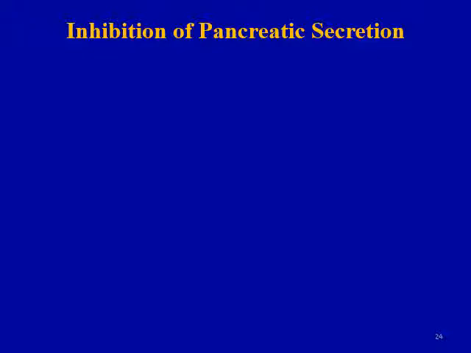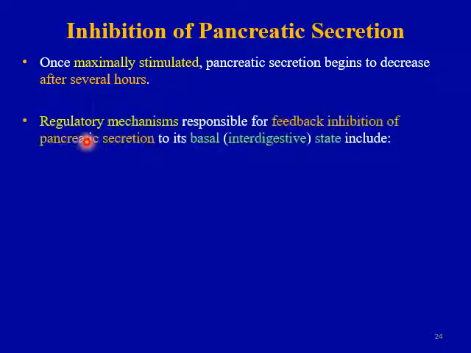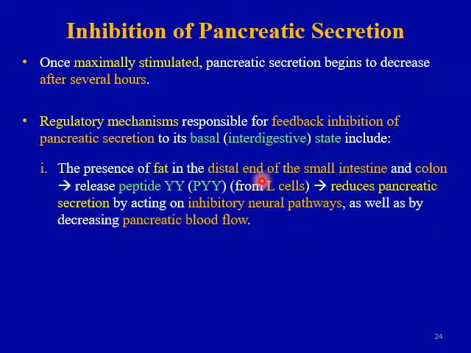What inhibits pancreatic secretion? Once maximally stimulated, pancreatic secretion begins to decrease after several hours. Regulatory mechanisms responsible for feedback inhibition of the pancreatic secretion to its basal interdigestive state include the presence of fat in the distal end of the small intestine, in the ileum and colon.